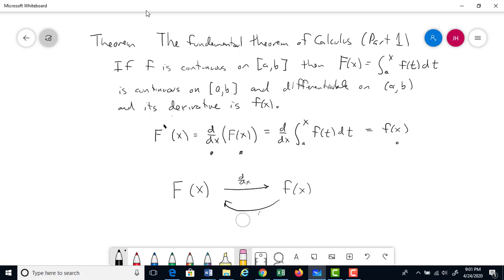I'm only going to write that sign, even though it's supposed to be with respect to t, so a to t dt. So the derivative of this gives us this. The antiderivative gives us this. So it's supposed to show us these inverse properties.